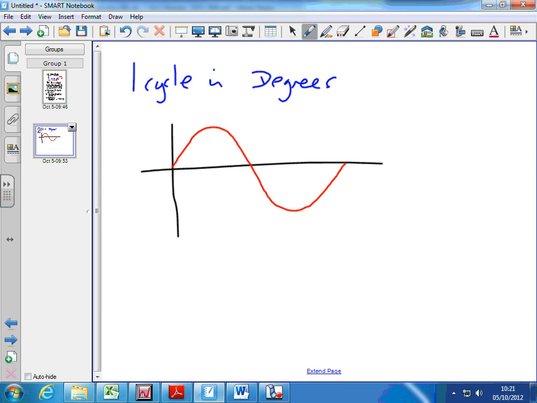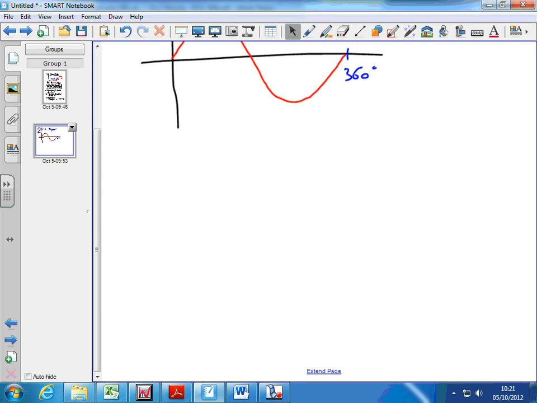Yeah. Right. This is 360 degrees, right, Alex? That's one cycle in degrees. What's one cycle? Chance to redeem yourself, Alex.